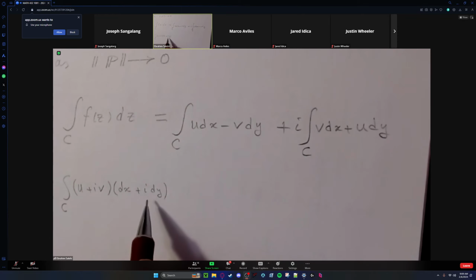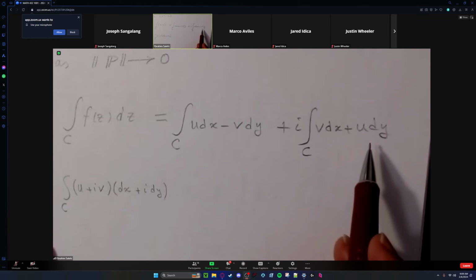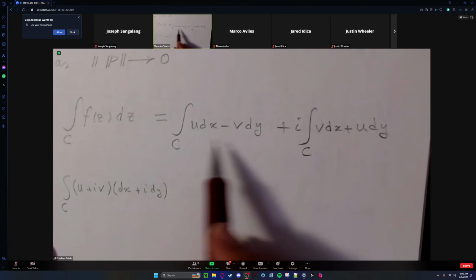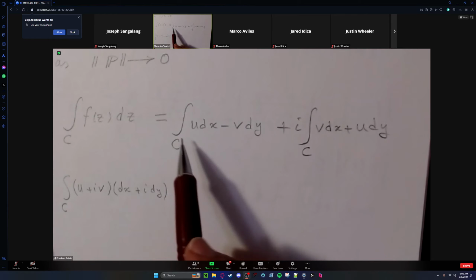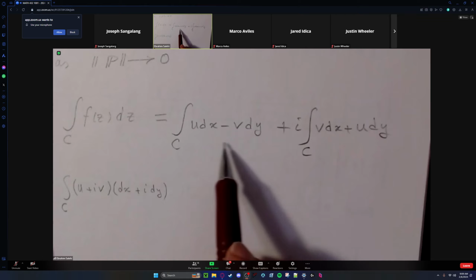If you multiply and you separate real part and imaginary part, you get exactly the same thing, okay? Exactly the same thing.